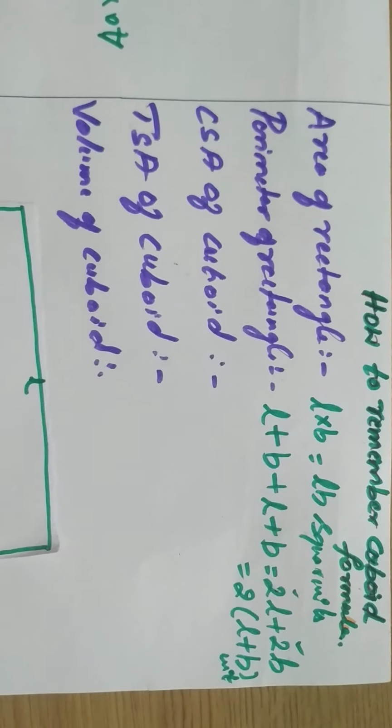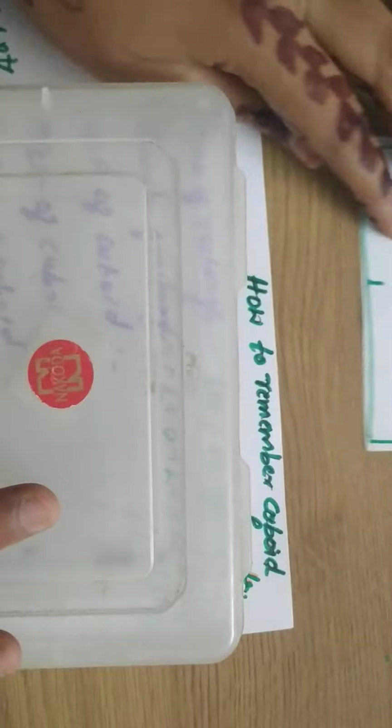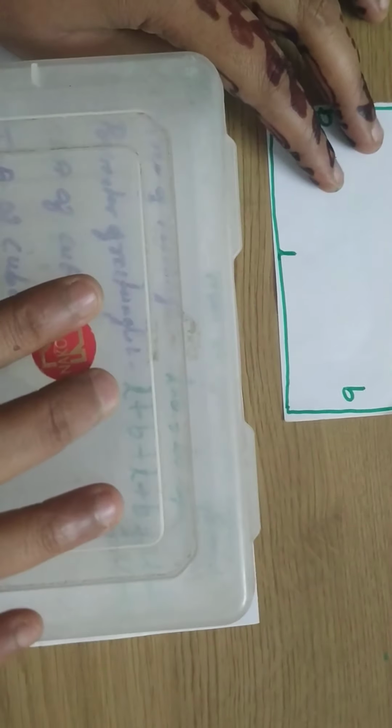To understand the cuboid, let me take a small box for reference. It's a box. Hope it is visible. Let us try to relate this rectangle and this box.